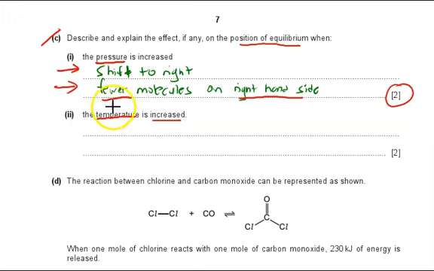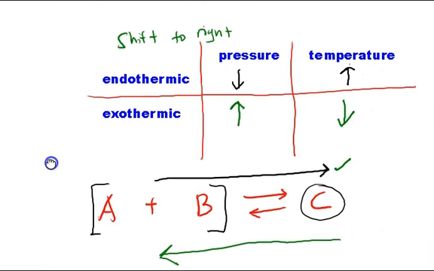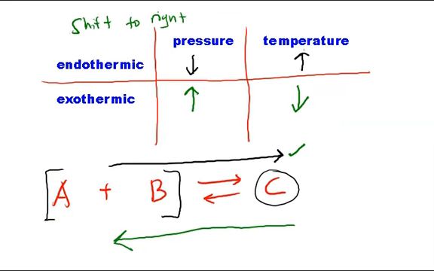The second one, the temperature is increased. So for exothermic, the temperature is increased. Look at here: for exothermic, when the temperature is decreased, this is a shift to the right. If you increase it, you will have a shift to the left, the opposite.